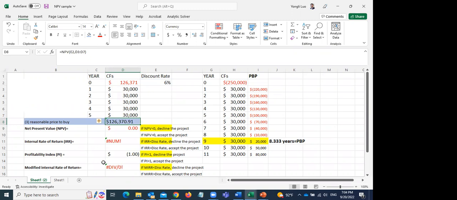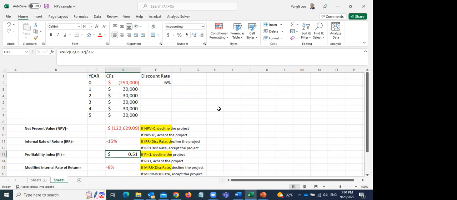Okay, that's the reasonable price to buy this laundry. For the other one, the one we did before, it's here: net present value, internal rate of return, the profitability index, and also the modified internal rate of return we did.